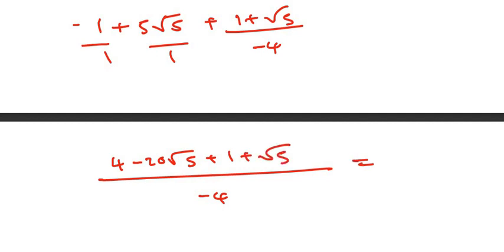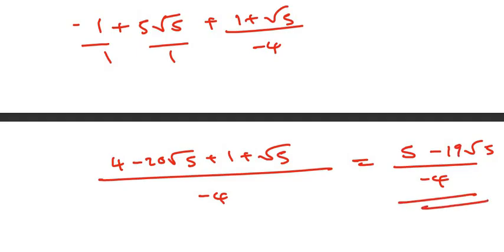Then this will end up being a 5. Then this is going to give us a negative 15 root 5. This is a negative 4. So this is going to be negative 20 and 1. That's going to give us 19 there. Yeah, so just remain with that. That's on your second question.